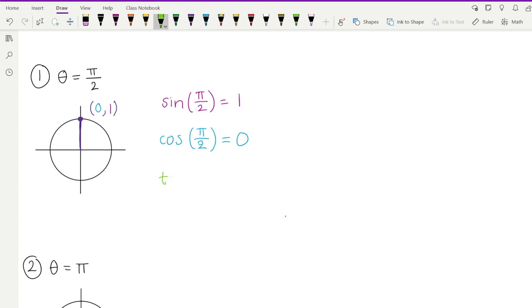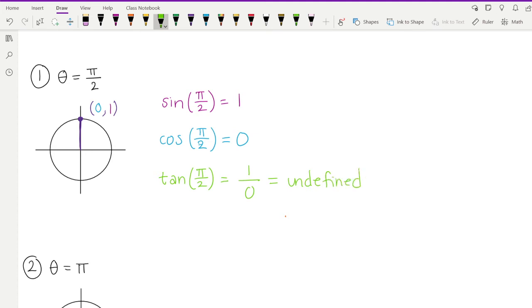And then finally, if we want to do tangent of pi over 2, as we saw in our earlier examples, we do the y coordinate divided by the x coordinate. So in this case, that is 1 divided by 0. So you can't divide by 0, right? That is undefined. And so basically what this tells us is that tangent of pi over 2 is undefined.